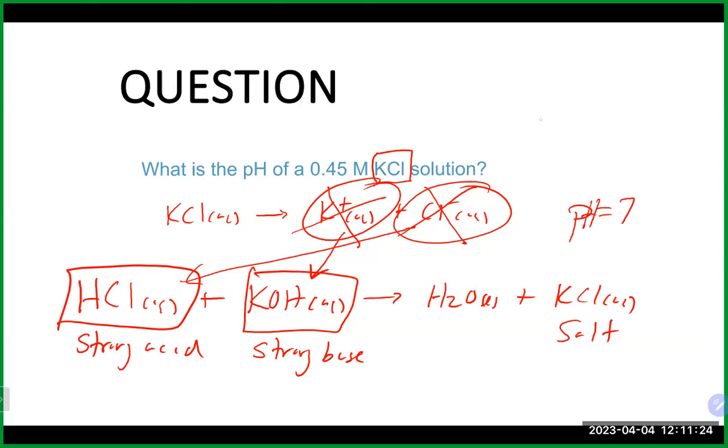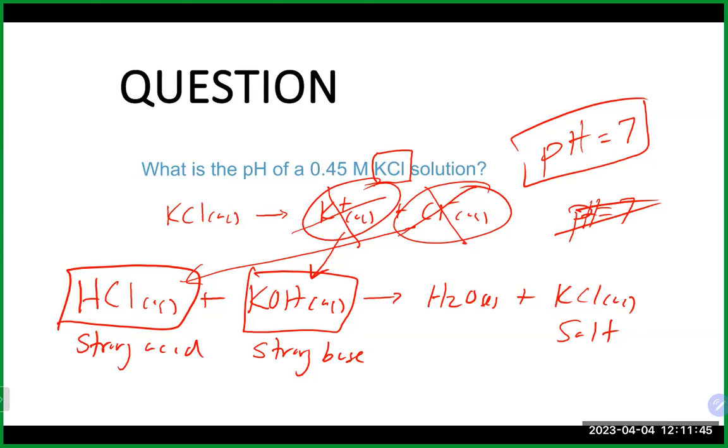So the pH here, no calculation needed in this case, should be 7, because they both come from a strong acid and a strong base, which means neither one of them will continue to react with water and produce anything, and they would be neutral. Any questions on that one?